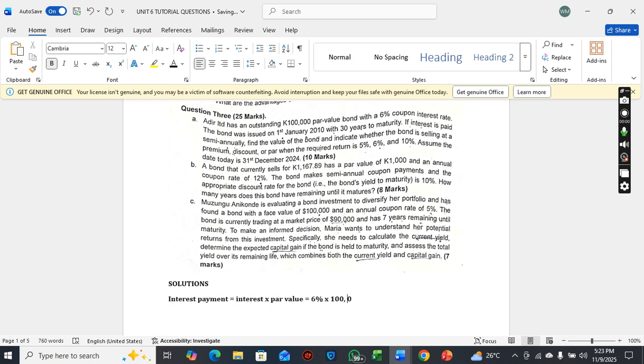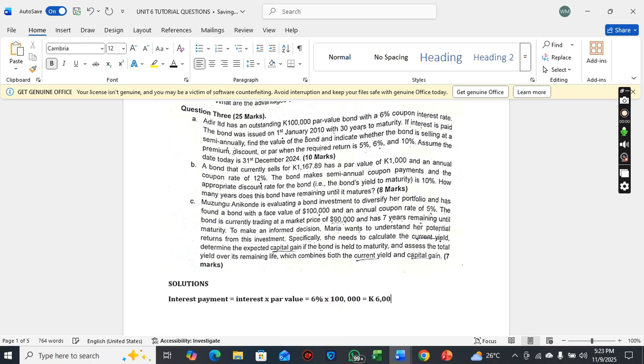This par value is what you are paid when the bond matures. So for those with a calculator, 6% of 100,000 is 6,000 kwacha.